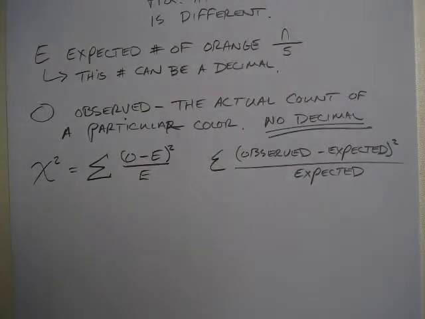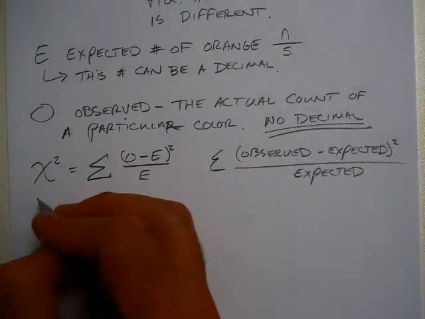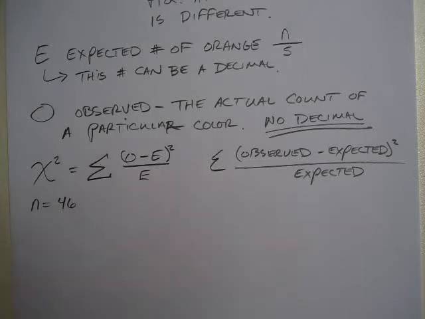All right, so here's what I'm going to do. I'm going to put down my values. I think you should put your values down. My n value was 46. I got a pretty full bag. Most of them have been around 40.